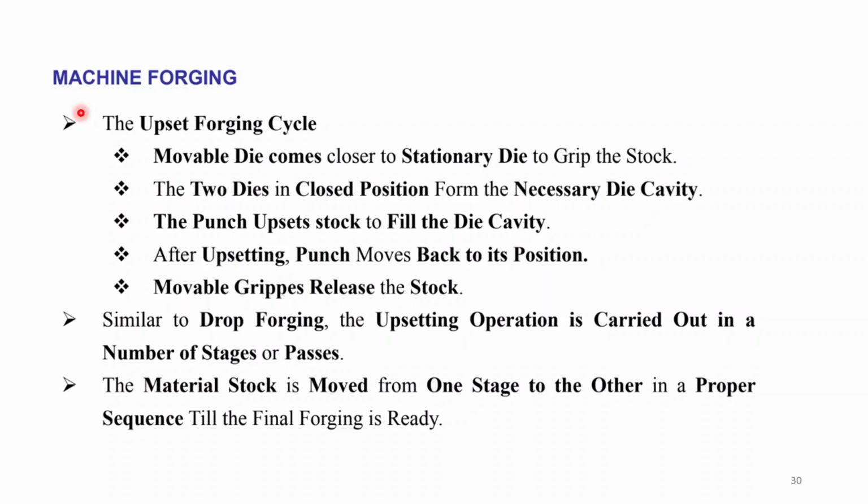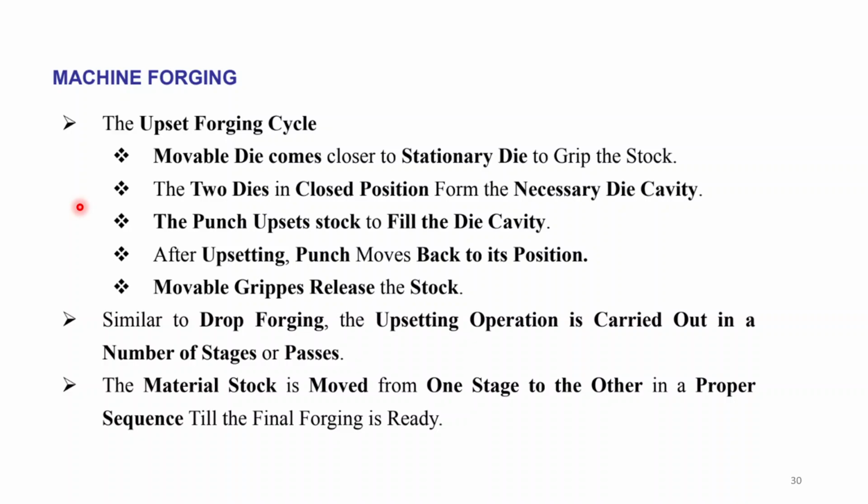In case of machine forging, the upset forging cycle: the movable die comes closer to the stationary die to grip the stock, and the two dies in closed position form the necessary die cavity.